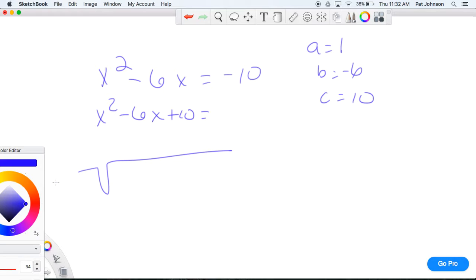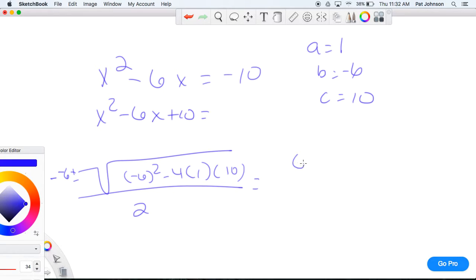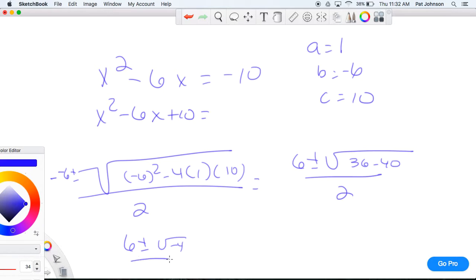So I'm going to do negative b, negative 6, plus or minus the square root of negative 6 squared minus 4 times 1 times 10, all over 2. So I get 6 plus or minus the square root of 36 minus 40 over 2, and I get 6 plus or minus the square root of negative 4 over 2.